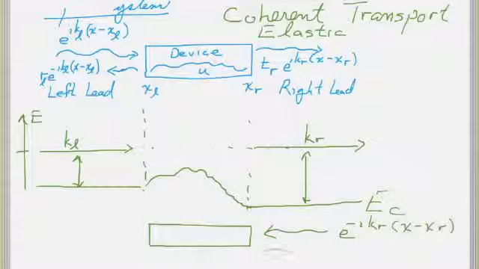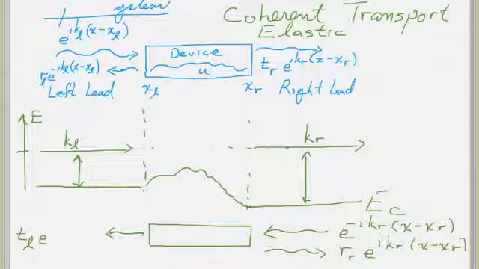Some of it would be reflected, R sub R e to the i k_R (x minus x_R), and some of it would come out on the left side, the transmitted, with the transmitted amplitude, I'm sorry, T left, with k left.